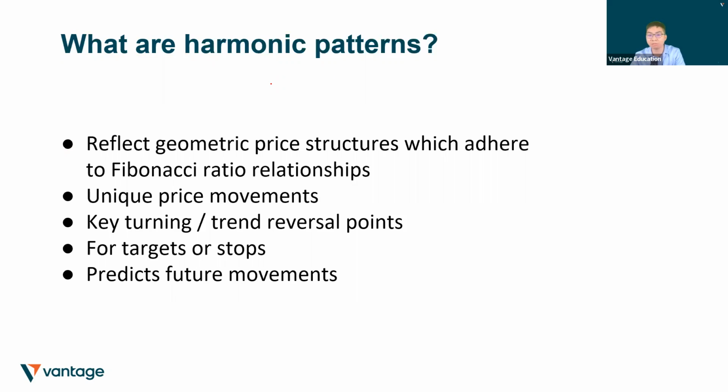Harmonic patterns reflect geometric price structures such as retracement and projection, swings and legs, which adhere to Fibonacci ratio relationships. So in other words, the retracement and projection price swings that form these patterns are interlinked based on specific Fibonacci ratios, pretty specific.